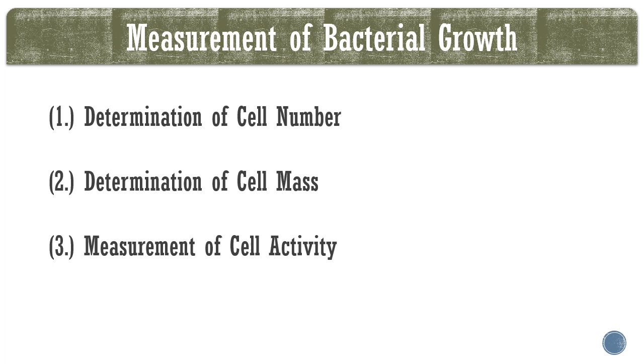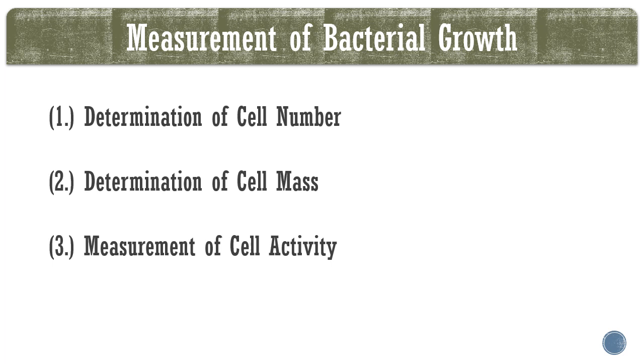There are many ways to measure microbial growth and to determine growth rates and growth time, or else we can say generation times. They can be studied either by population number or by cell mass.